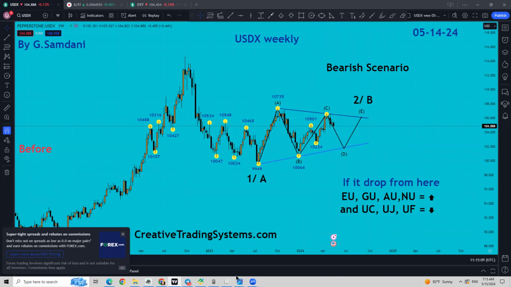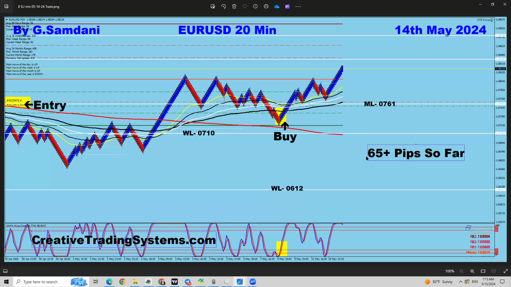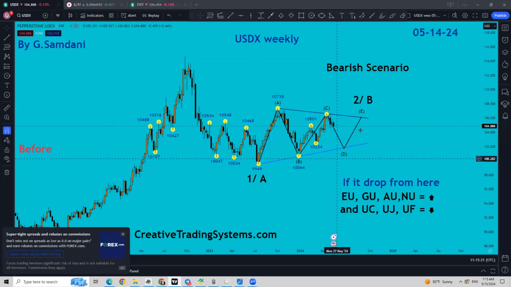These two started to go up, and this is how I have them: Euro USD for 65 pips and Pound USD for 70 pips already. Just that little tiny bit of move gave me those two trades, and the rest I didn't bother trading, so forget about that. Now I'm still waiting for more to come to the downside.